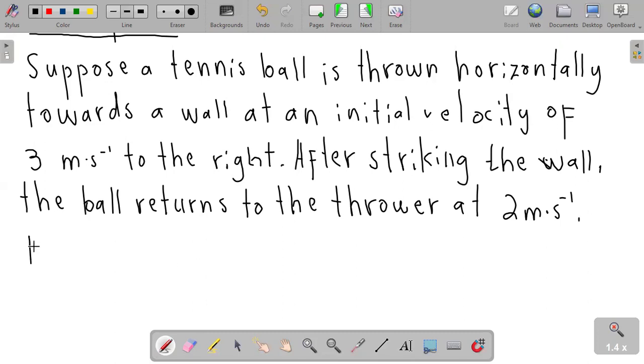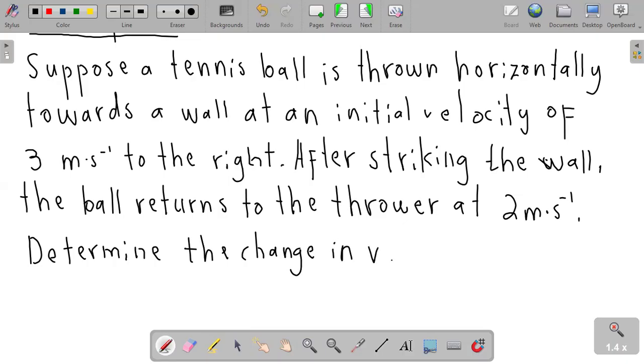And say, determine the change in velocity of the ball.